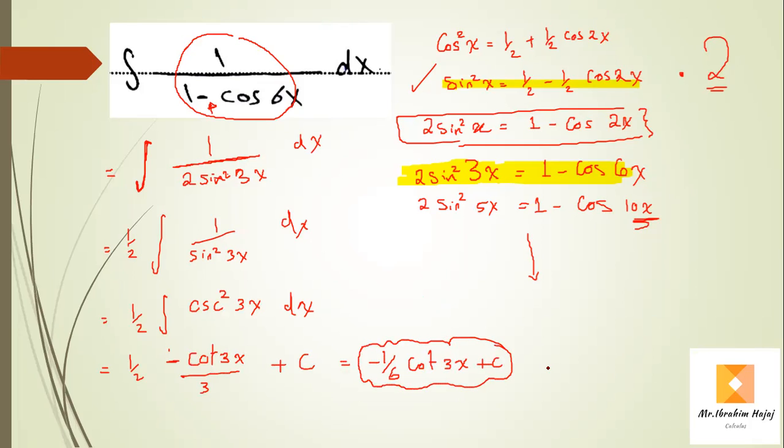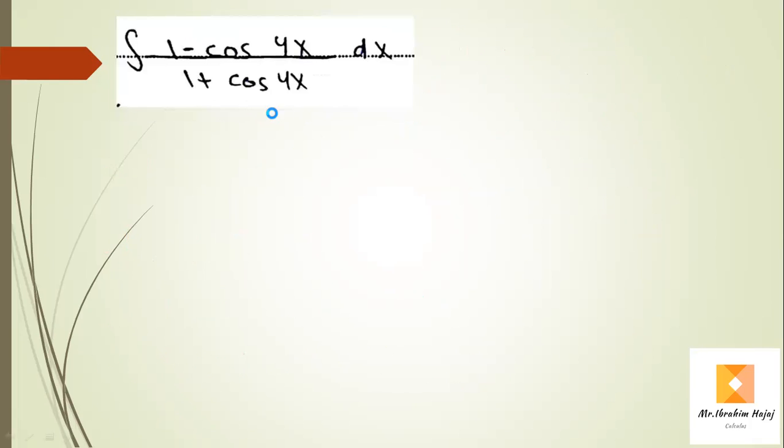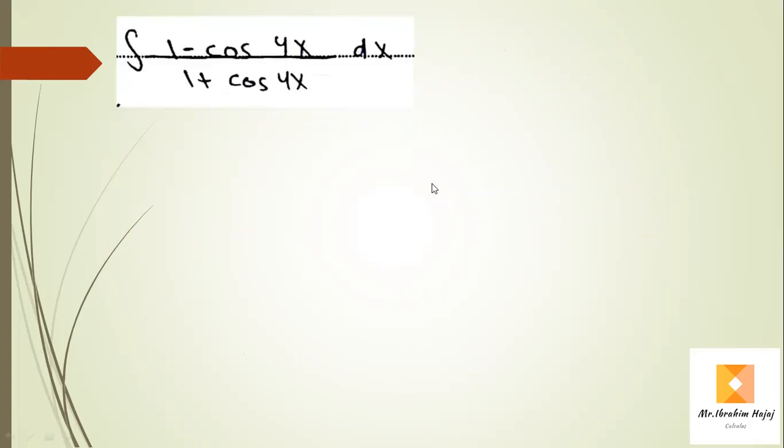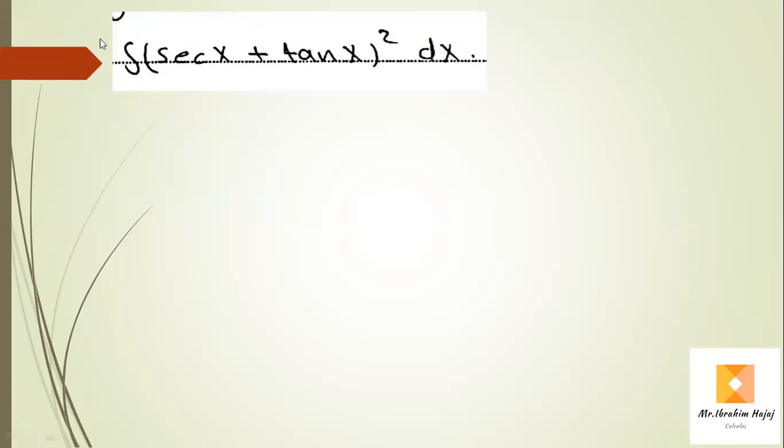But please take screenshots, guys, of these questions as homework. This one, and we will use the same fact here for 1 minus cosine 6x. This question is homework, and we will check it tomorrow on the board. And this one also. Try to expand first.